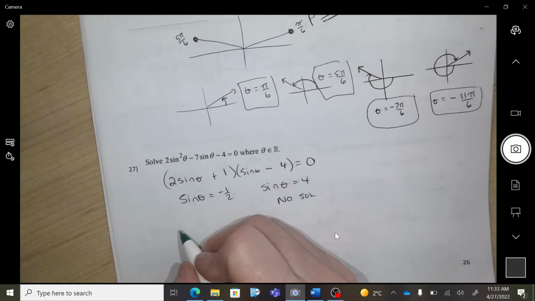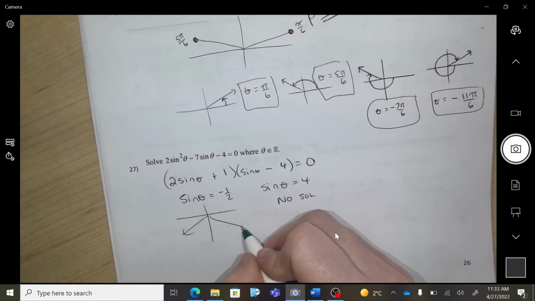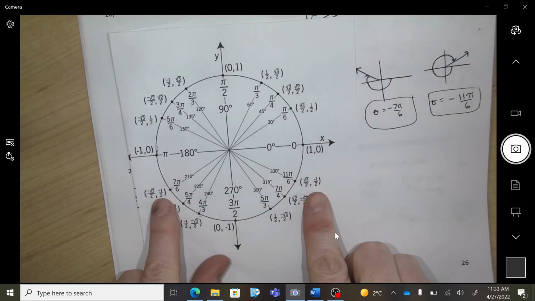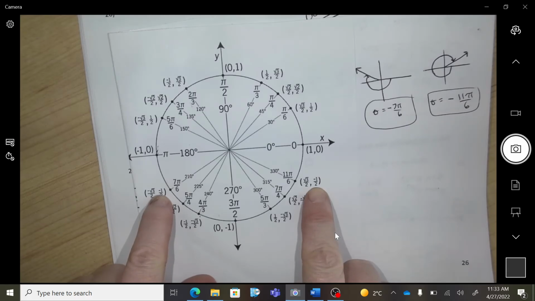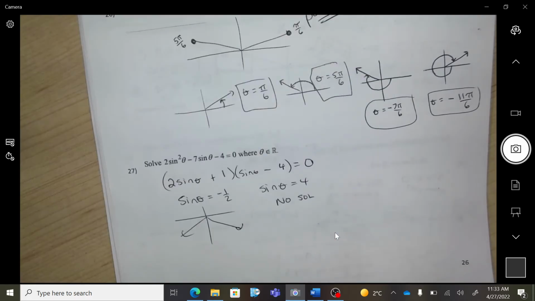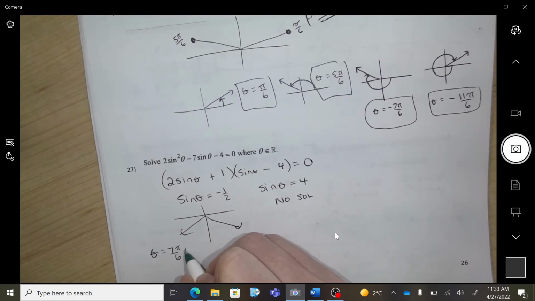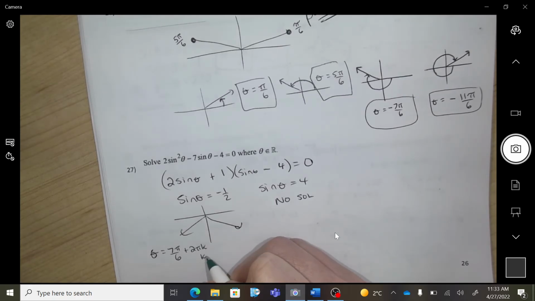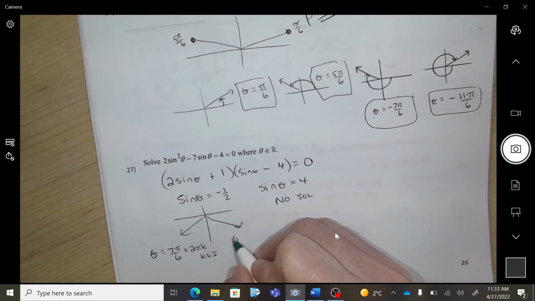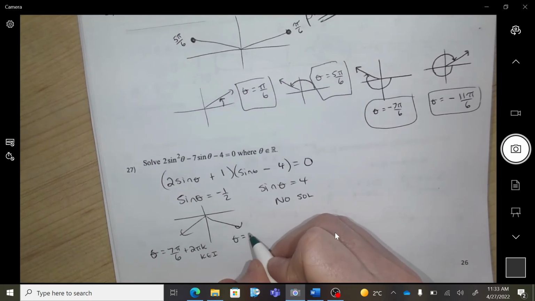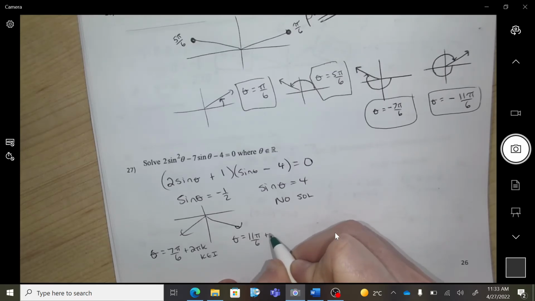And here, this is on the unit circle. So where's y negative 1/2? So in these spots, so this angle is 7 pi over 6 plus any rotation. And this one is 11 pi over 6 plus any rotations of it.